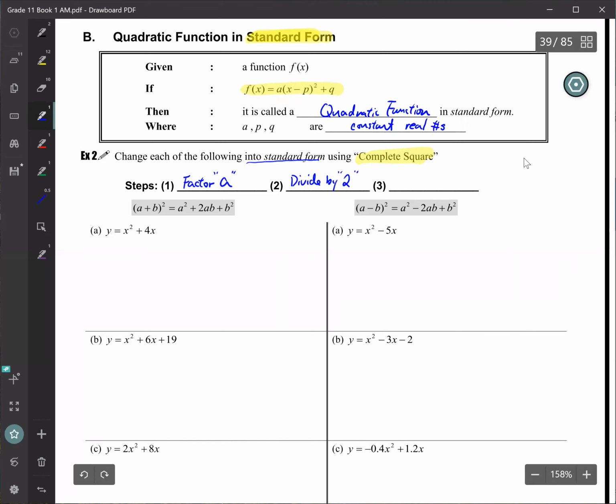I'll explain what each one means. Step 3 is called balance. Can you raise your hand if you finish writing the notes down?